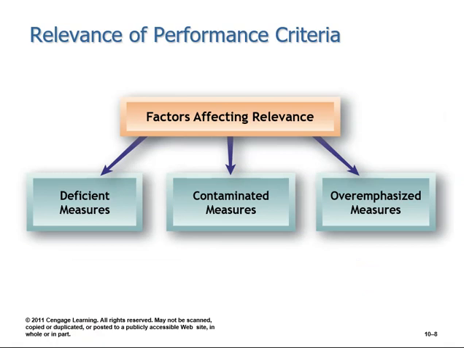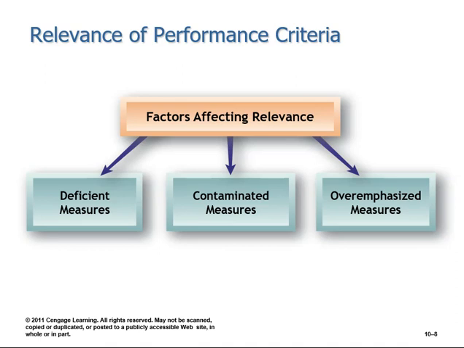When you're selecting the criteria that you're going to evaluate an employee by, it's important that you have certain factors in mind. So if you go back to the slide we just talked about, and let's say we're going to use results-oriented criteria to evaluate our employee, you want to ask yourself 3 questions. One is, is this measure appropriate? Is it deficient?